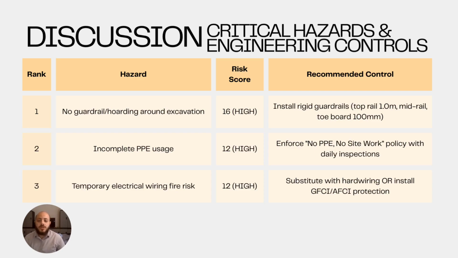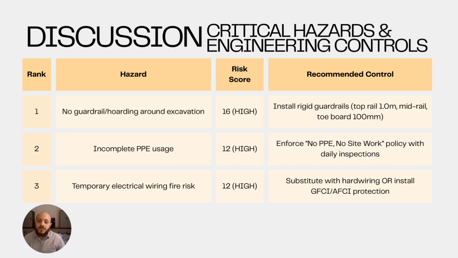If a worker or student falls into this 2-meter excavation, serious fractures or even fatalities could occur. Our recommendation is to install rigid guardrails with a top rail at 1 meter, a mid rail, and a 100 millimeter toe board. This complies with the Factories and Machinery Act (BOWEC) regulations.